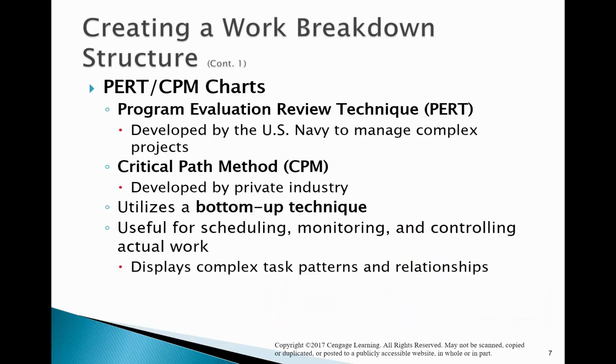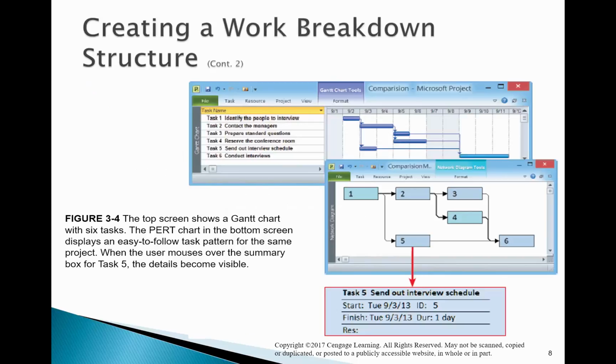A PERT chart, or program evaluation review technique, and I don't think we're going to do critical path. I don't think I had you do critical path in there, but you still need to understand that, and you will looking at this right now. But the Gantt chart, of course, at the top, and then the PERT chart on the different analyses right here.